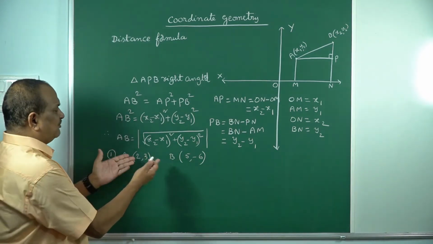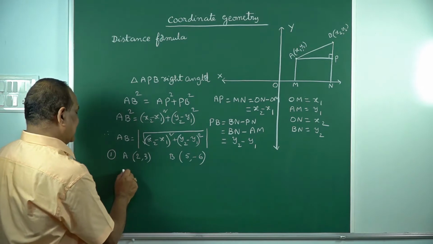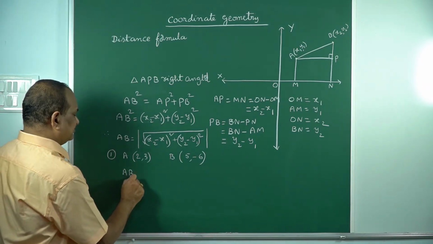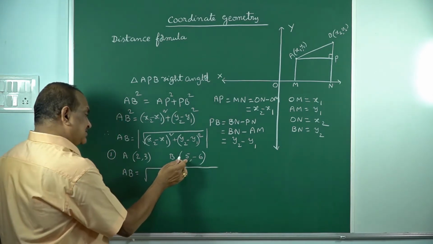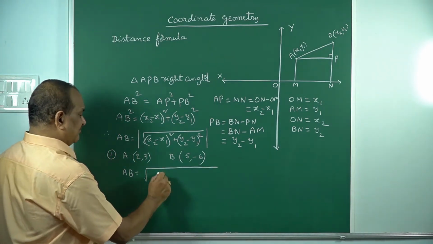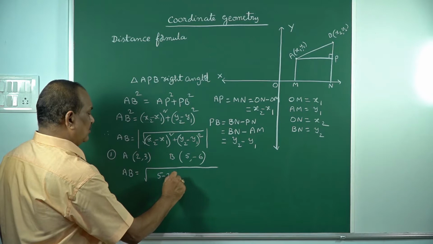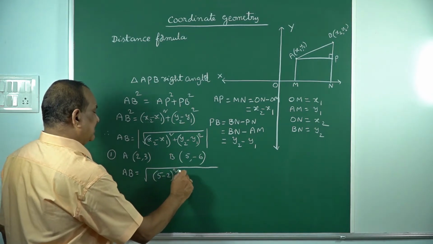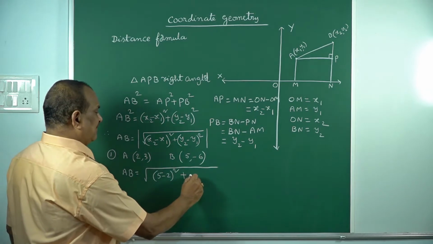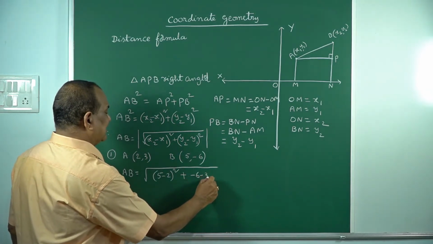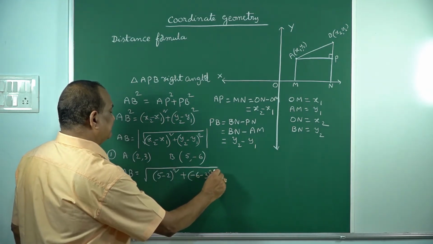You just simply have to plug in these values here. AB is equal to root over x2 minus x1, 5 minus 2, whole square plus y2 minus y1, minus 6 minus 3, whole square.